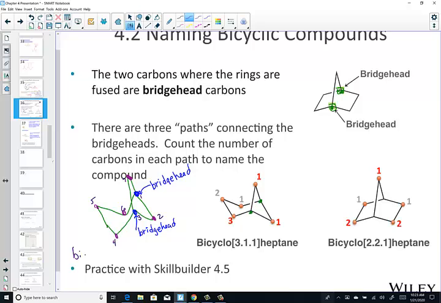So see how we say bicyclo, leave yourself room for the numbers inside a bracket, and you will have the total number of carbons in both cyclic structures as heptane. But to determine the numbering system within the brackets, remember that those are the number of carbons that separate the 2 bridgeheads.